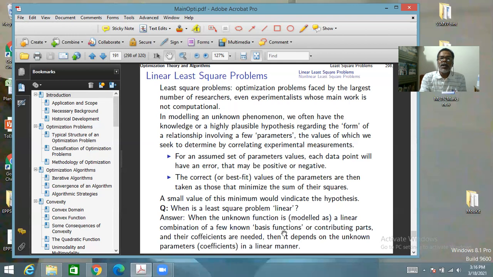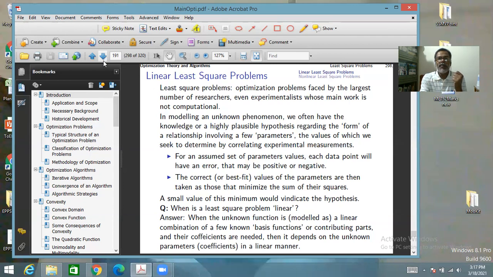So when it is modeled as a linear combination of some basis functions or contributing parts, and we want to know with how much we need to multiply these basis functions to get the complete unknown function, then when these coefficients are to be determined, the dependence of the unknown function on the coefficients is linear, and then you call it a linear least square problem.